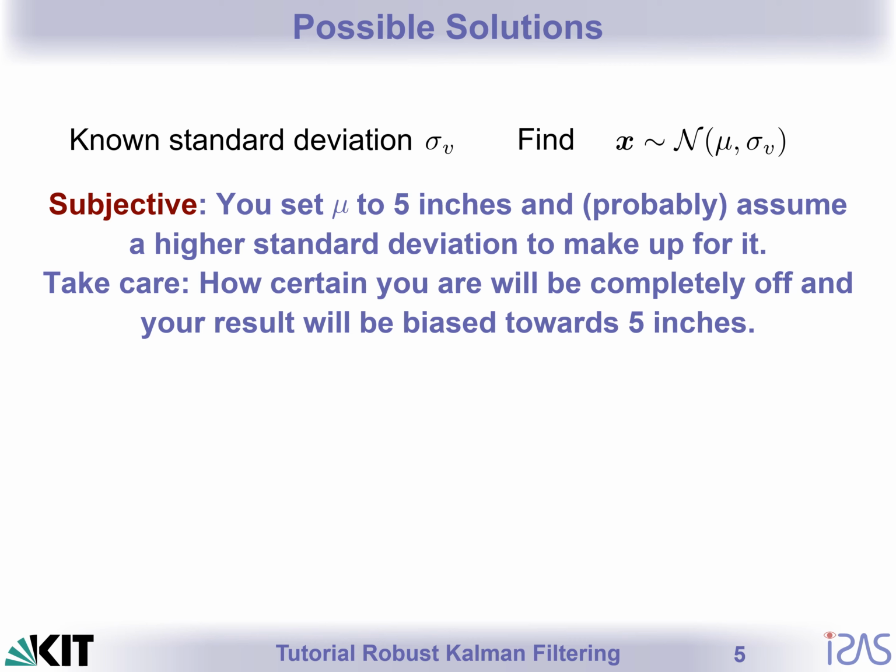You just set mu to 5 inches and you set a higher standard deviation than the known one to make up for it. However, the caveat is that your certainty will be off. You've just increased it very much, and you will have a bias towards 5 inches.